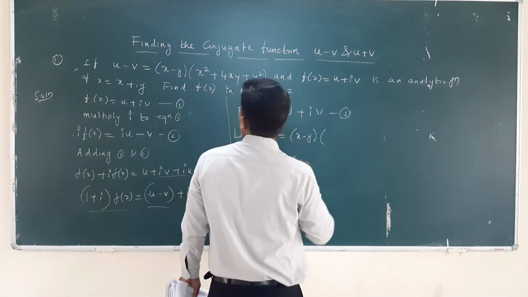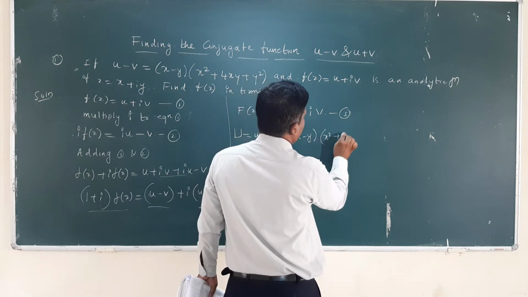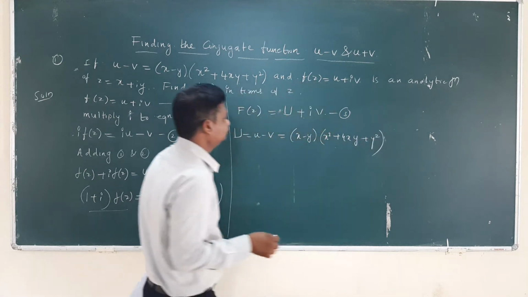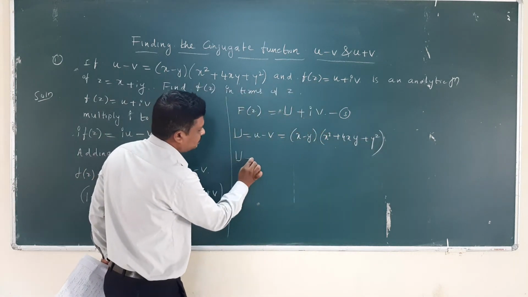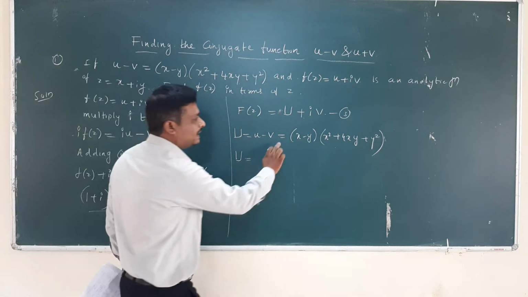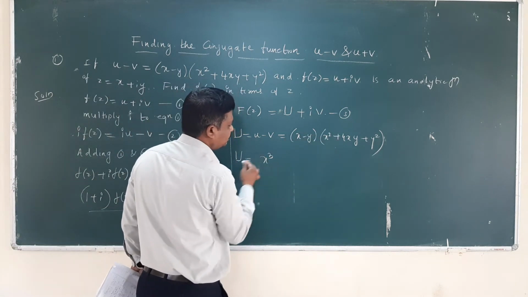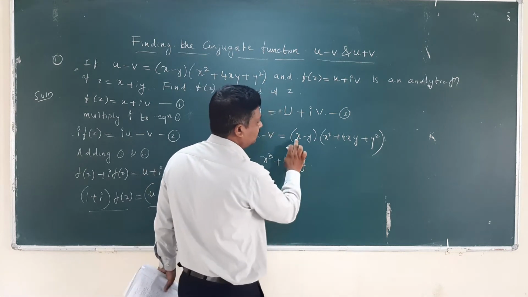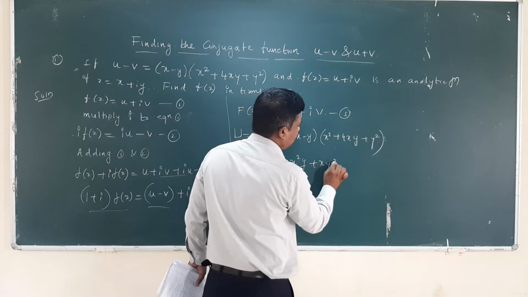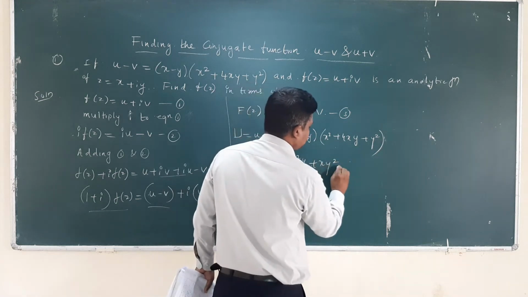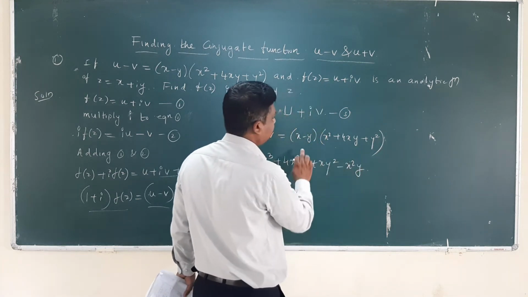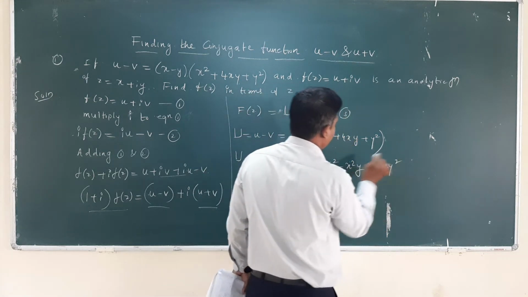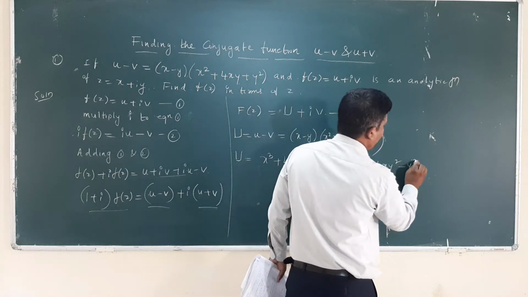(x minus y) into (x square plus 4xy plus y square). So therefore capital U is equal to, if I multiply x here, this becomes x cube plus 4x square y plus x y square, minus x square y minus 4x y square minus y cube.